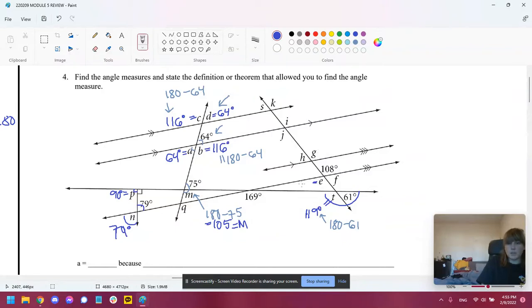E is right across from 108. That means it's going to be 108. G, I, and K are all corresponding with 108. So these are all 108 as well. J is across from I, vertical with I, so it's 108. S is right next to K, so it's 180 minus 108, because they're linear pairs or straight angles.